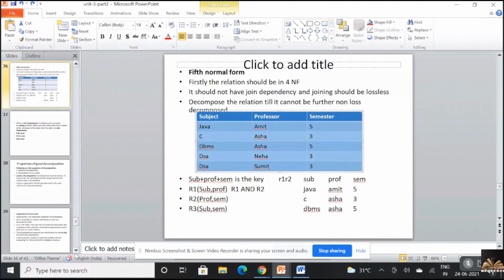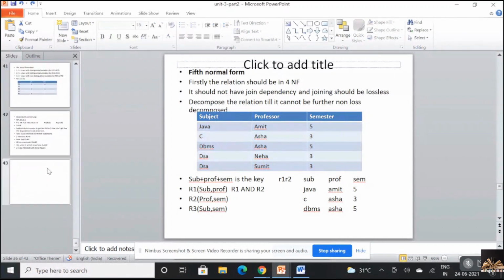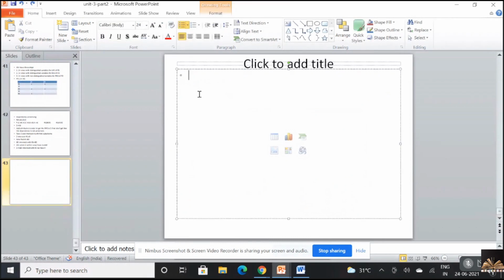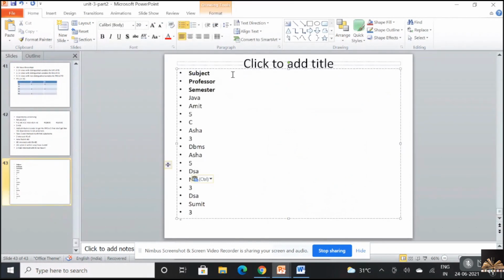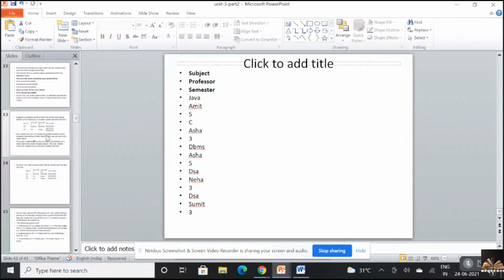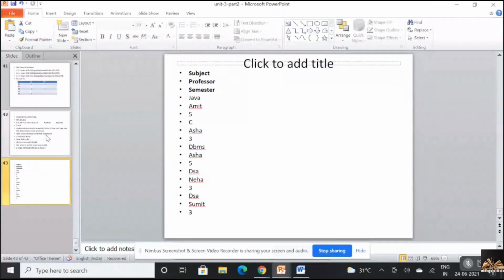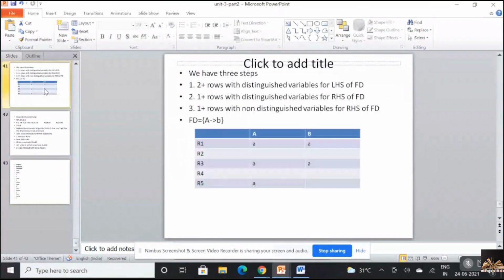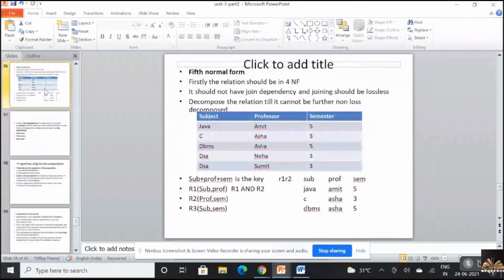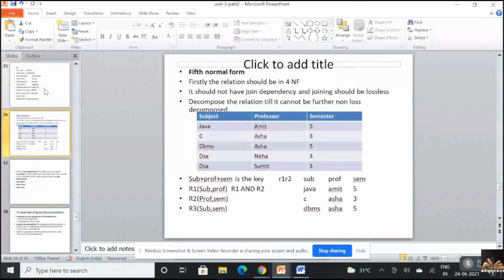Control C. Okay, I'll just remove that from there. Wait a second. I hope the definition is clear for you.